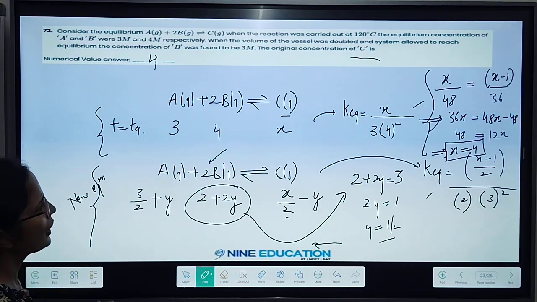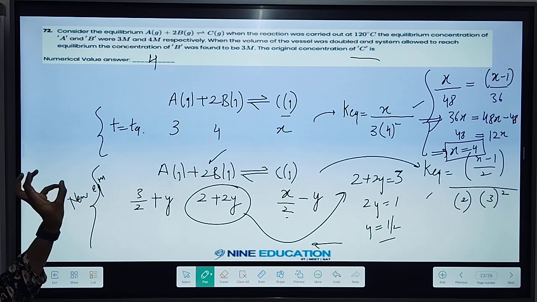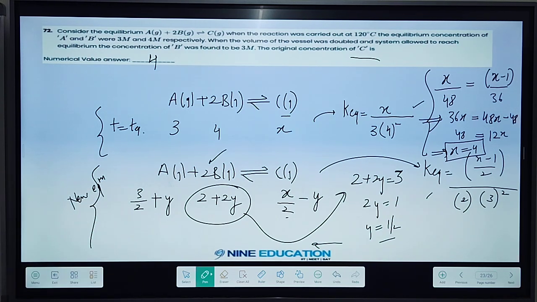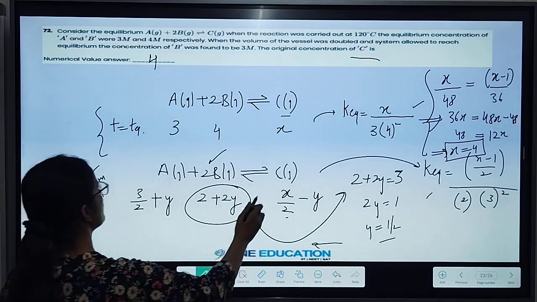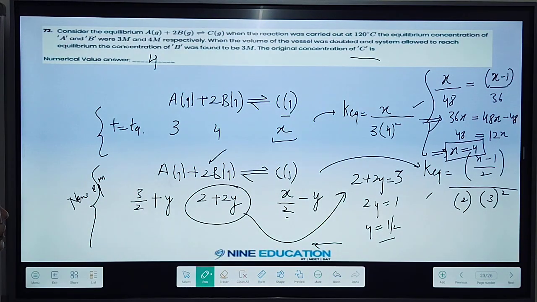4 molar. Now although I have solved this question, let me talk about the key points. First of all, see the reaction given. They are already giving you the equilibrium concentrations. What you can do is assume the C concentration to be some X molar at that equilibrium.